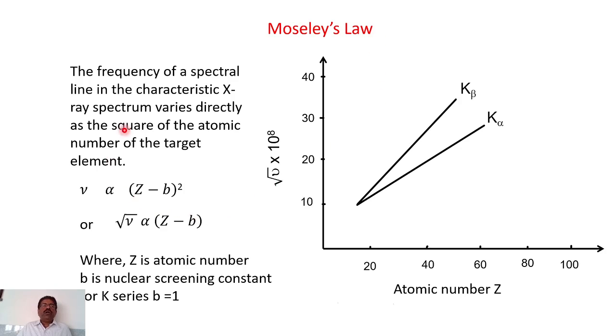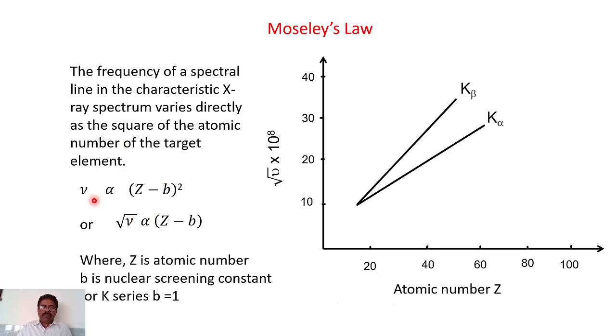According to Moseley's law, the frequency of a spectral line in the characteristic X-ray spectrum varies directly as the square of the atomic number of the target element. So the frequency of a particular series and particular characteristic X-ray line in an X-ray spectrum is a function of the square of the atomic number of the target element.